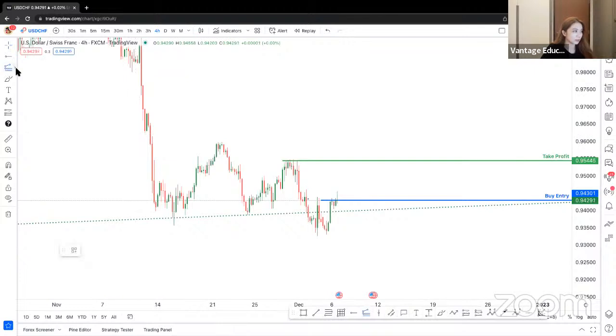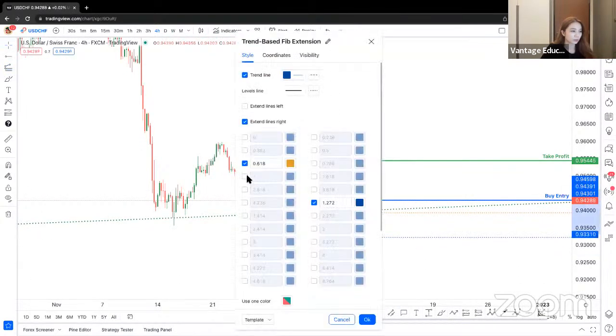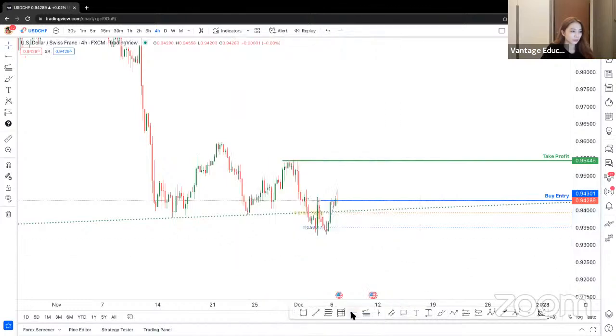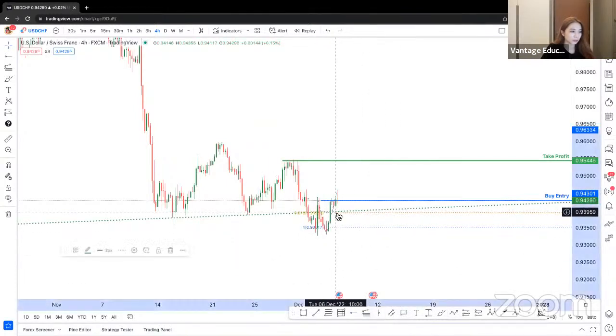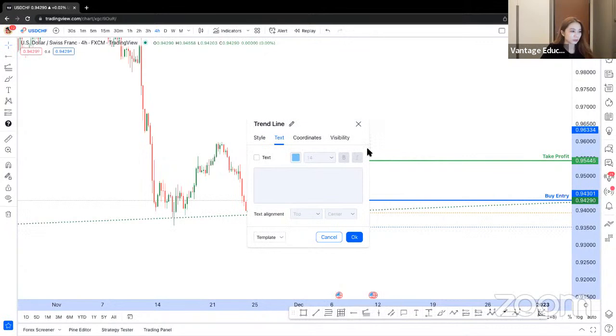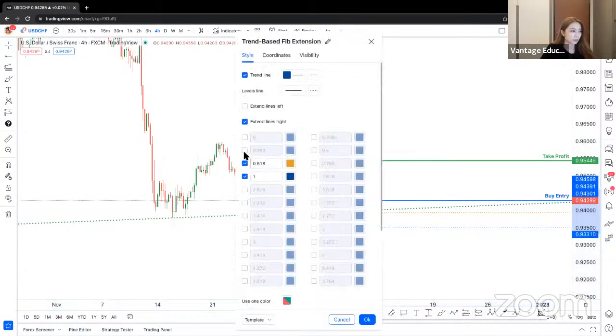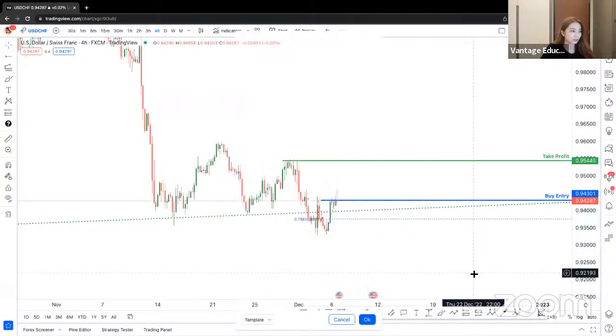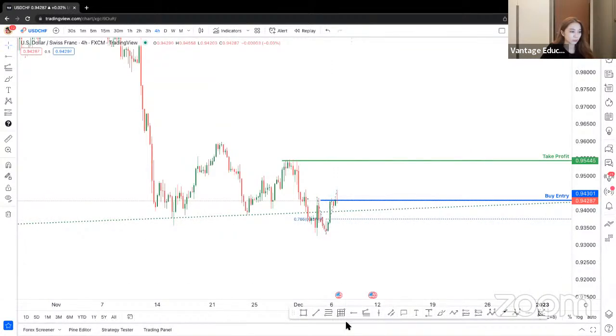And obviously we have to do a very small stop loss, right? Because the trade is relatively near in this case. I think this would be great, just right in between.